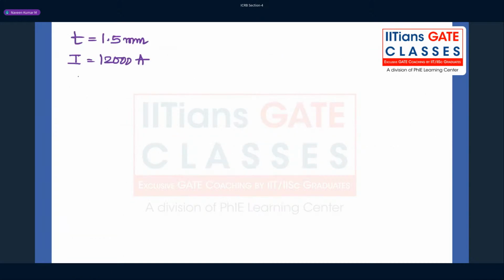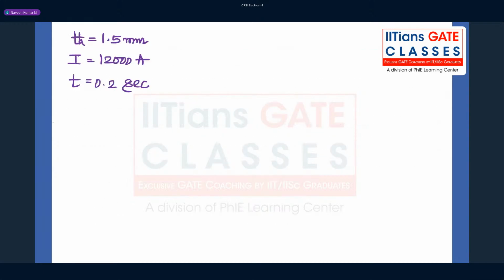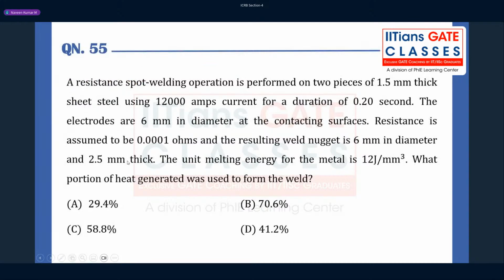I'll write thickness as TH, and T is 0.2 seconds. The electrodes are 6 mm in diameter. Resistance is 0.0001 ohms.